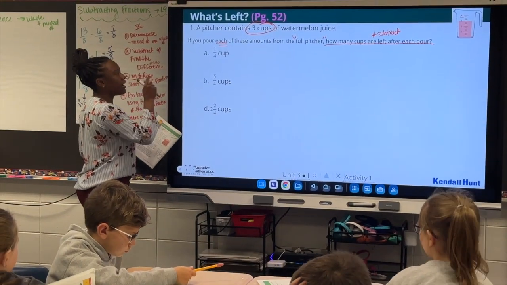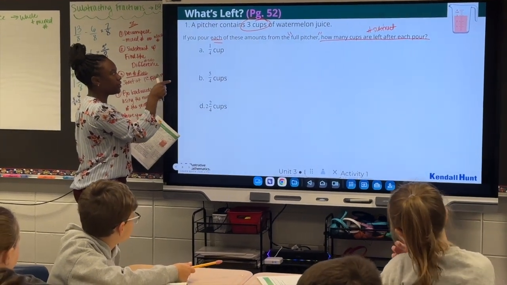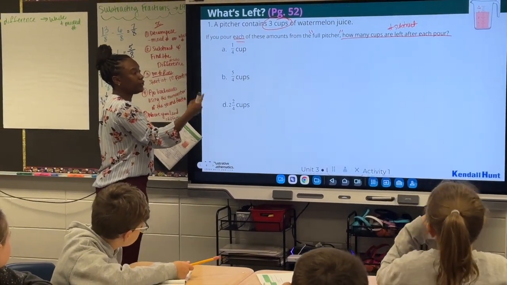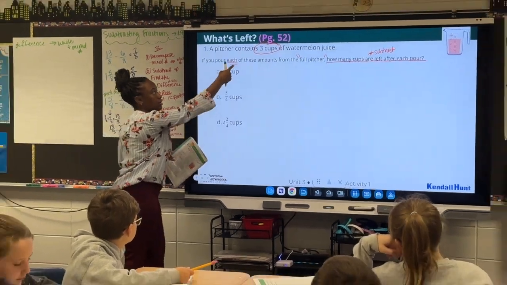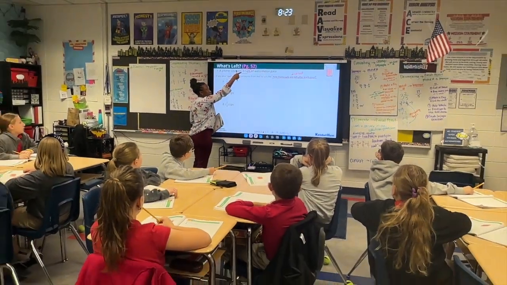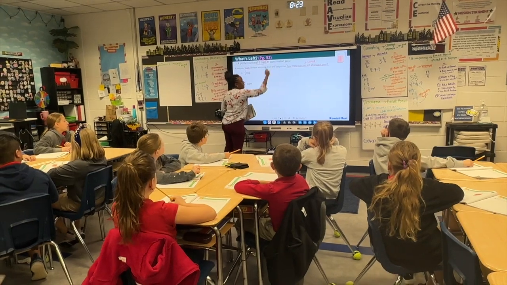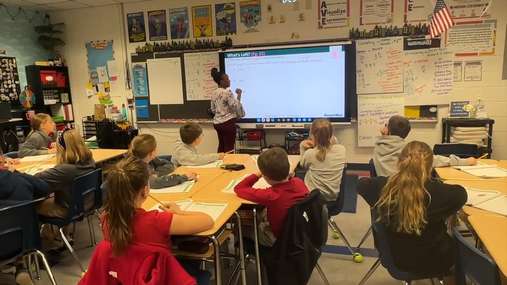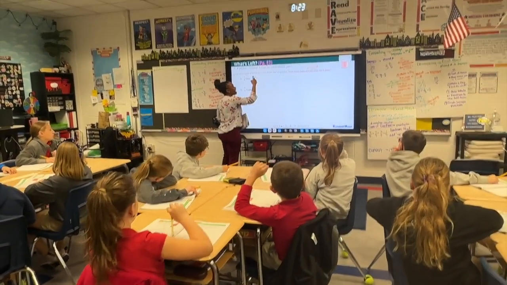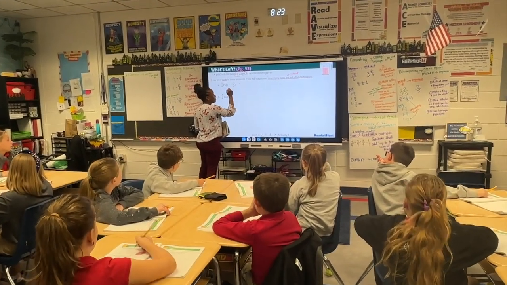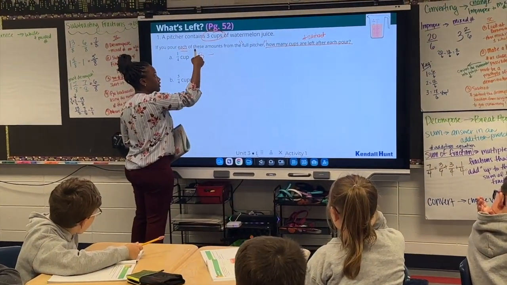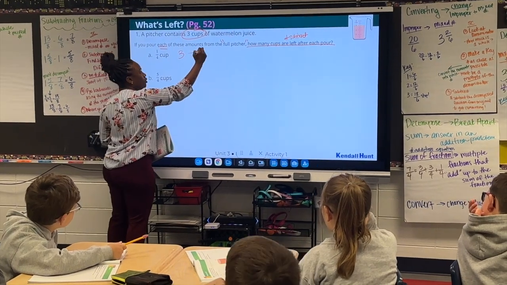If you pour each of these amounts from the full pitcher, how much is in the full pitcher? 3 cups, right? So we know the full pitcher is made of 3 cups. They're asking me to find the difference between the full pitcher and if I were to pour out 1/4.